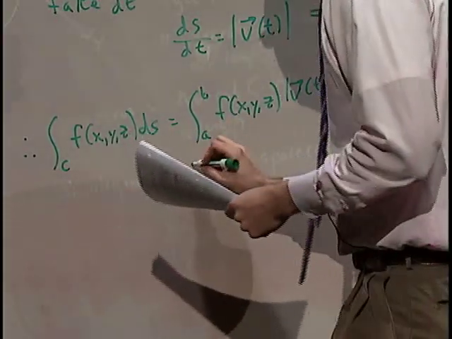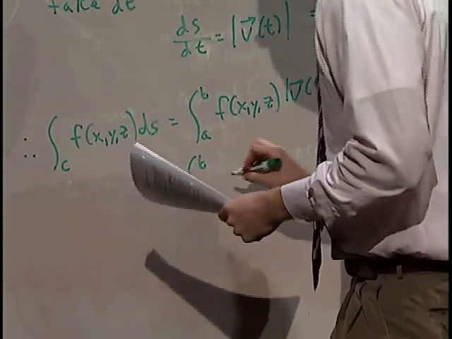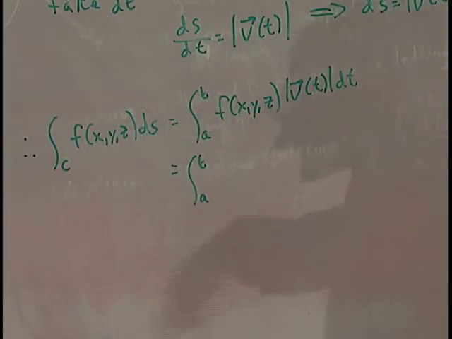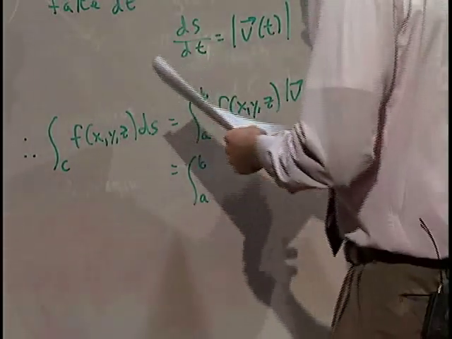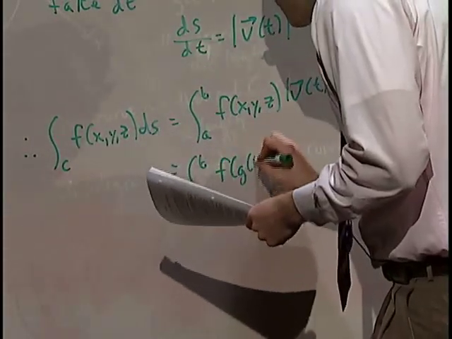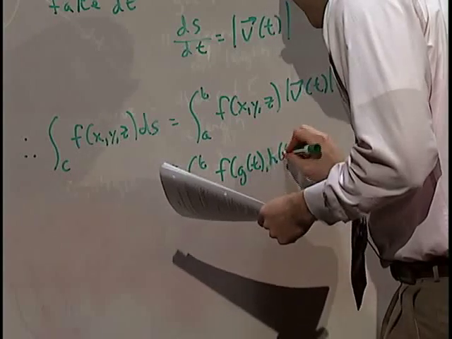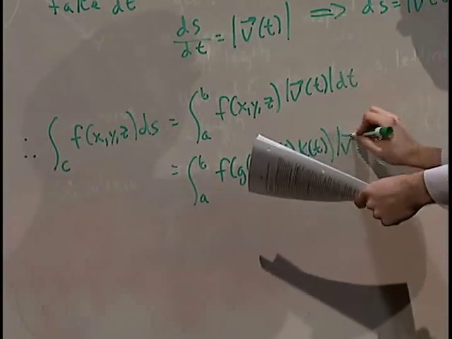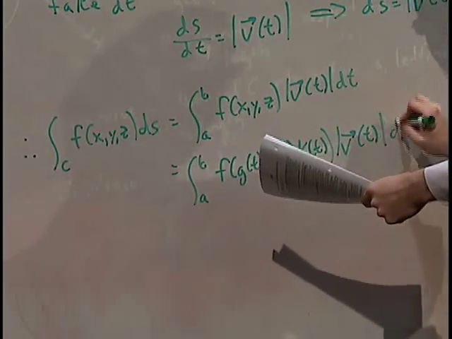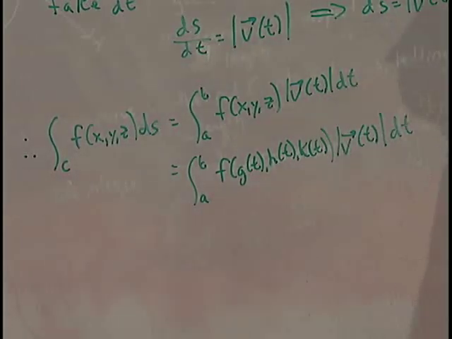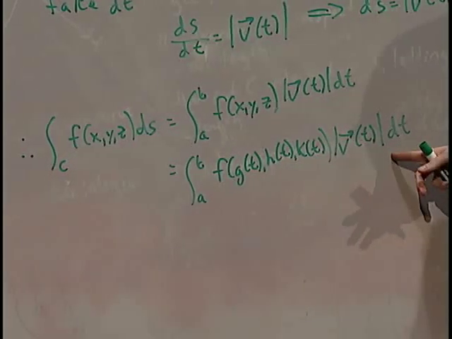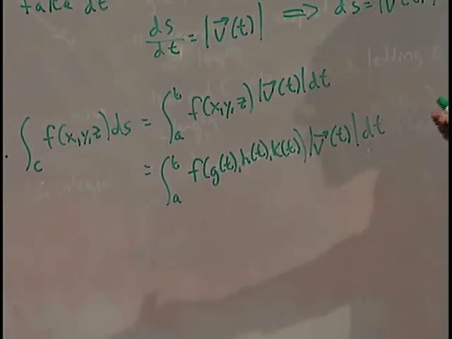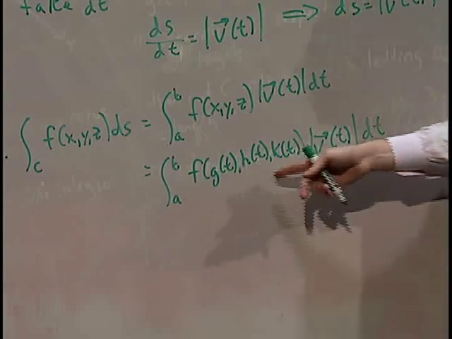We can be more explicit and get the t in there, because remember, what is f of x, y, z? It's f of g(t), h(t), k(t), right? So we have f of g(t), h(t), k(t) times the length of v(t) dt, right? And there is an expression for the line integral over the space curve C ranging from t equals a to t equals b entirely in terms of t.